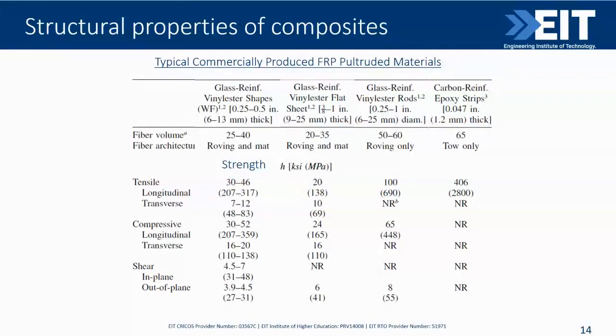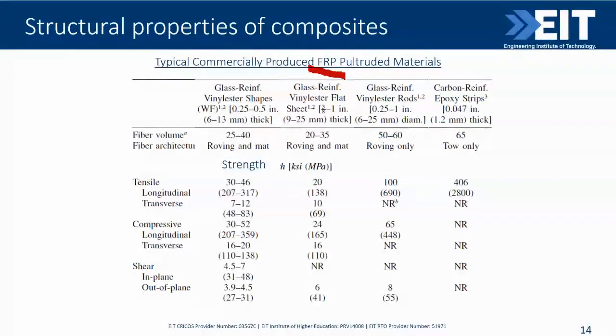In this case, probably the better abbreviation would be polymer. That's what the FRP stands for here. So we've got carbon, and we've got the 4 examples here: glass and carbon reinforced FRPs.